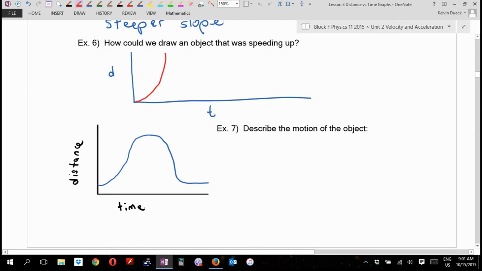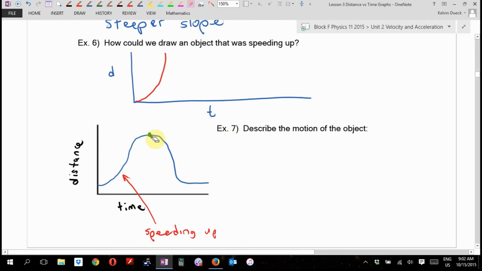So, example 7. Describe the motion of this object. What's happening right here? What's happening right there? What's the slope right there if you zoom in? I would argue, I think, Courtney, the slope right there is zero. So what's that mean?